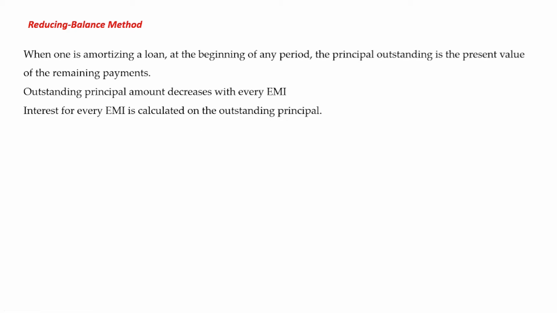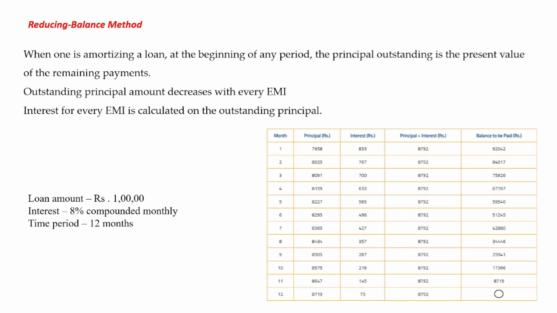So if we see the example that we just saw, we will be able to understand this in a better way. If the loan amount is rupees 1 lakh and the interest is 8% compounded monthly, which has to be repaid in 1 year by 12 equated monthly installments, then the equated monthly installment amount is 8,792.